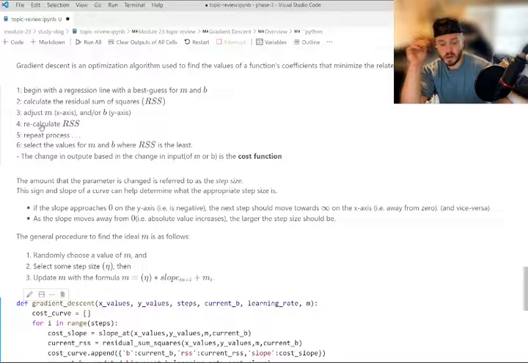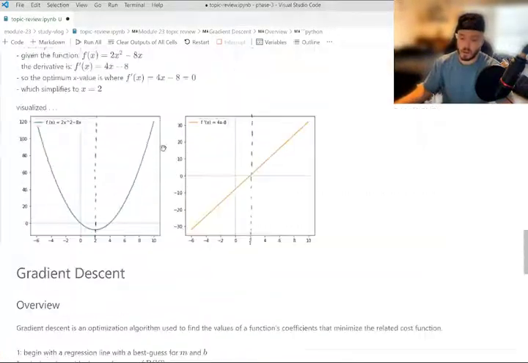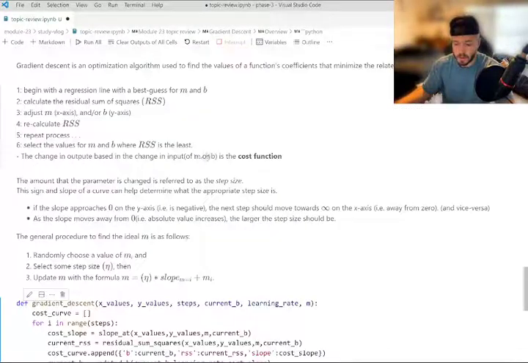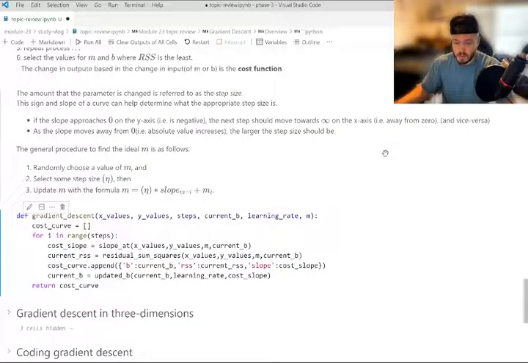So the change in output based on the change in input of M or B, the change in your RSS based on how you change M or B, is the cost function, and that's pretty much always going to appear as a curve like this, right? I should really do more bullet points and write less paragraphs. So if the slope approaches 0 on the y-axis, i.e. the slope is negative, the next step should move towards infinity, or away from 0, in other words, right?